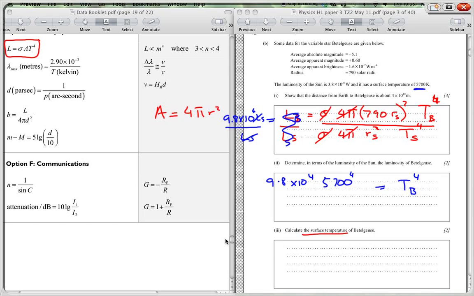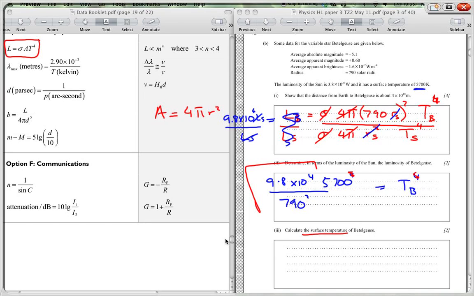Notice here when I square this, these two will also cancel, because that will also be squared. So I'm just going to be dividing this by 790 squared. Then I'm going to take the fourth root of this. When I take the fourth root, that just cancels, so I've just got that, and that will equal the temperature.